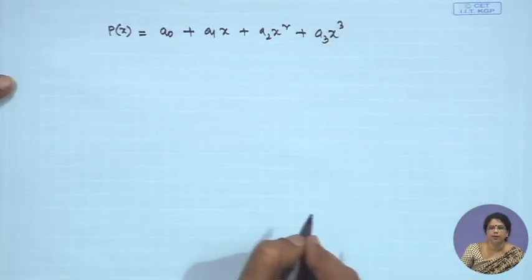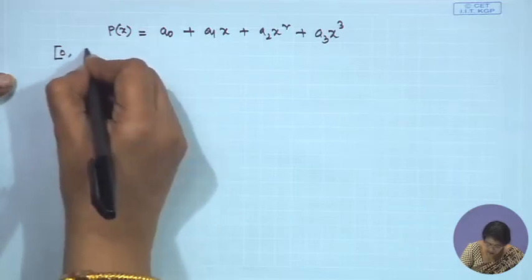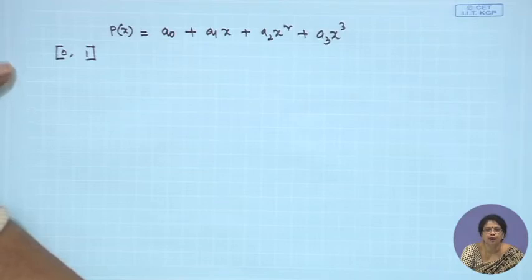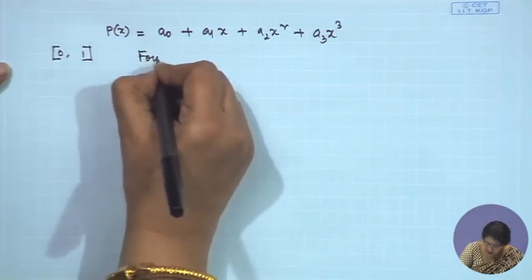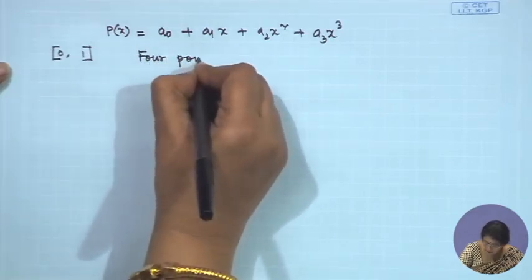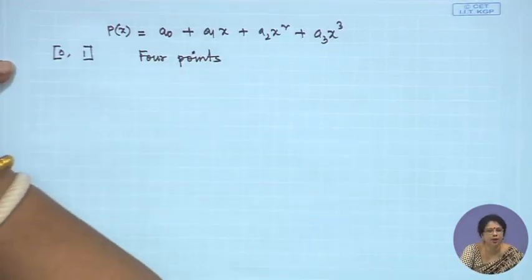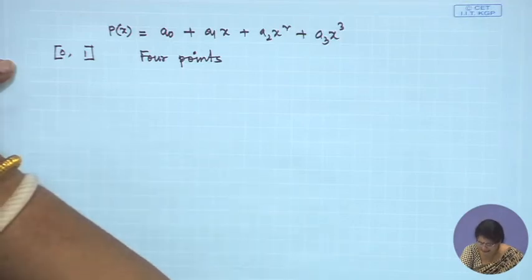Now we have 2 points, 0 and 1. For finding out the values for A0, A1, A2 and A3, how many points do you need? You need 4 points, then only you will get 4 equations with 4 unknowns, and you can find out the values for A0, A1, A2 and A3.